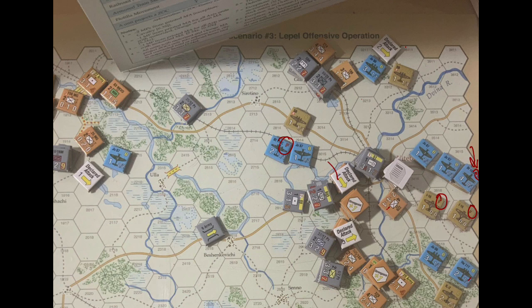If there are no firing units, there is no air combat, and the mission units, so the bombers, go straight to the anti-air fire phase, and if they go through it, then they will count for the combat. They will bring support to the combat. So let's go into the air combat.